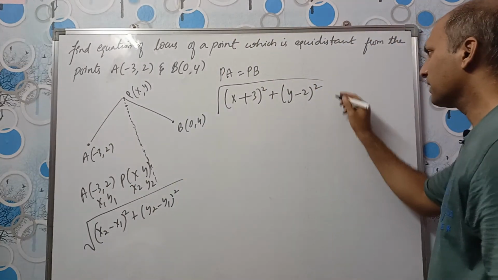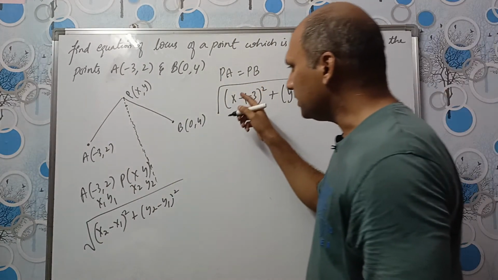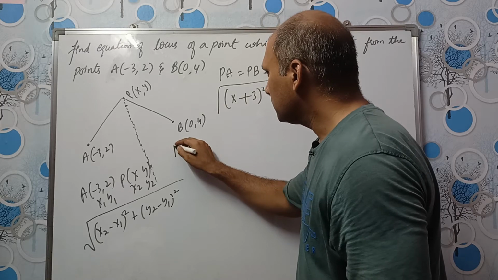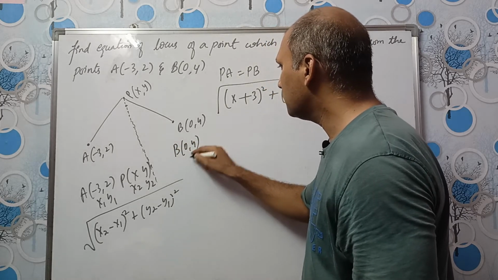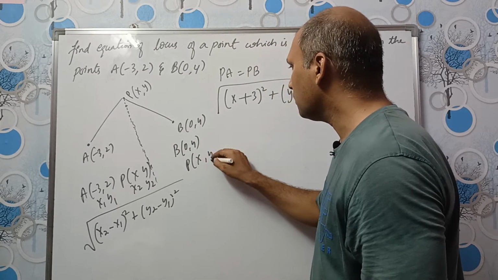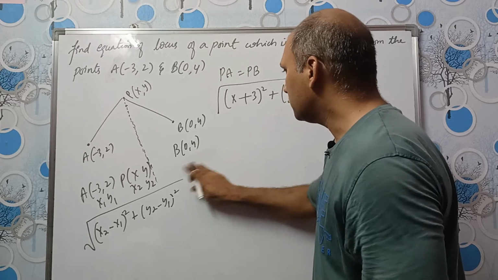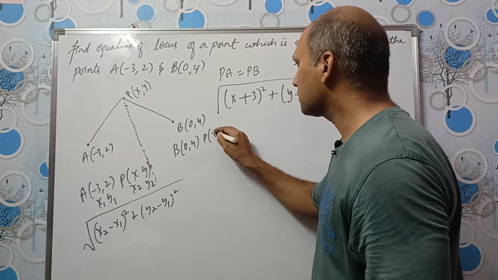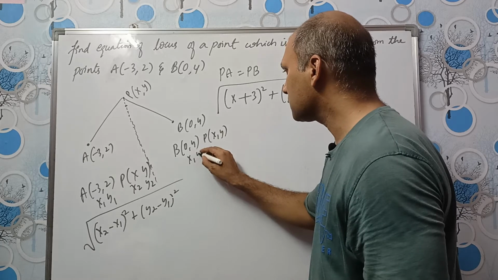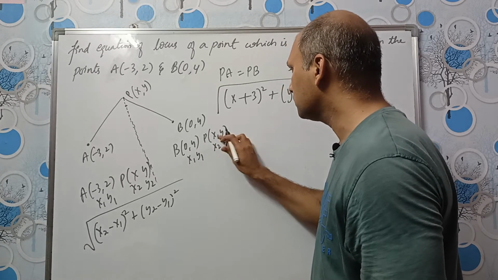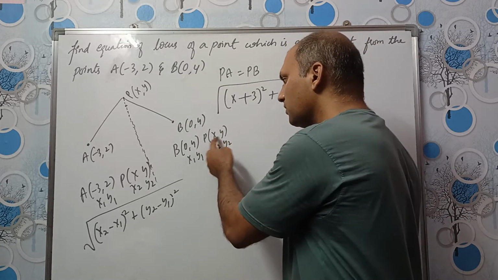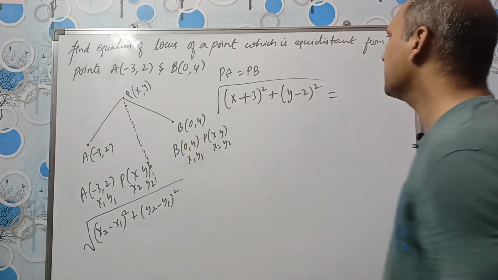Whole square is equal to PB. See here, this is B, 0, 4. P is x, y. I'll write P here, x, y. So this is x1, y1, this is x2, y2. We can take this as x1, y1, this as x2, y2 also. It doesn't make any difference.